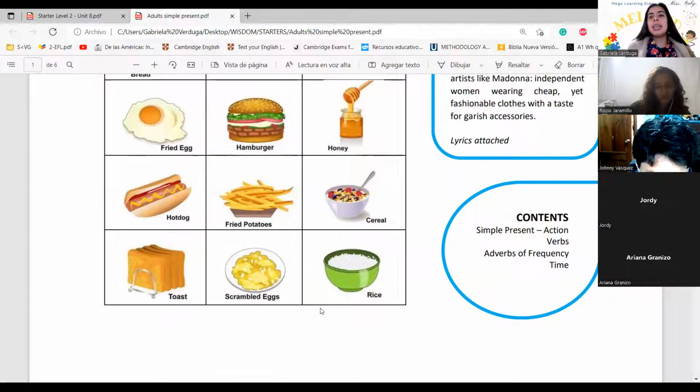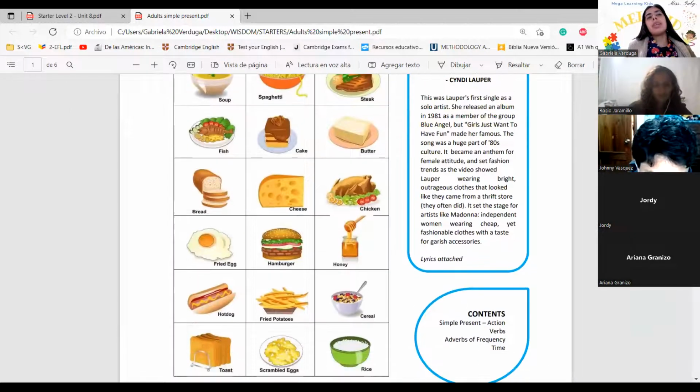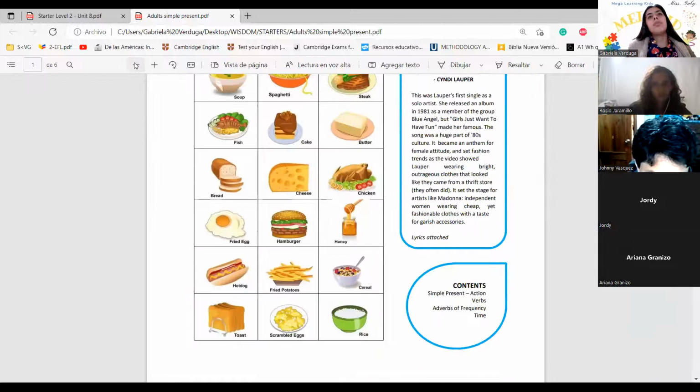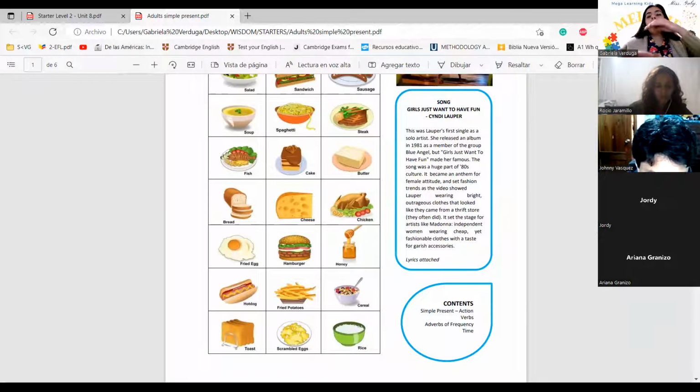Scrambled eggs, rice. Yes. So tell me, Jordi, what do you have for breakfast? Normally, what do you have for breakfast? Okay. Breakfast is what you eat in the morning.